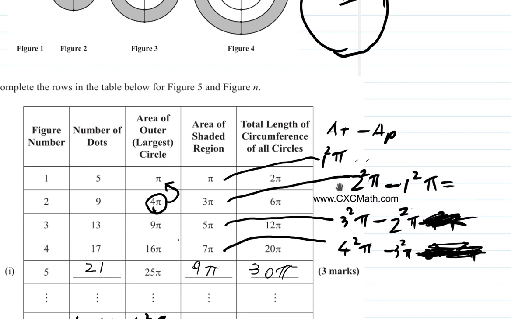So what you have, 2 squared pi minus 1 squared pi. That gives you 4 pi minus 1 pi, which is 3 pi. Good. This one would have been 9 pi minus 4 pi to give you the 5 pi. This one would have been what?